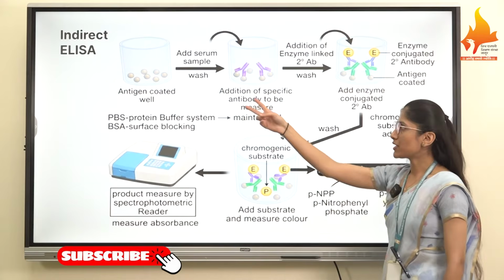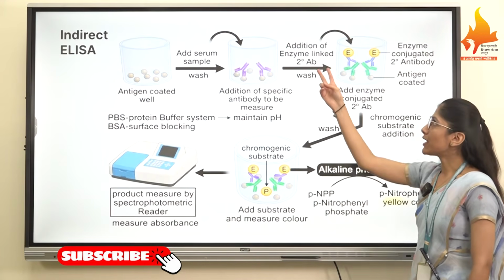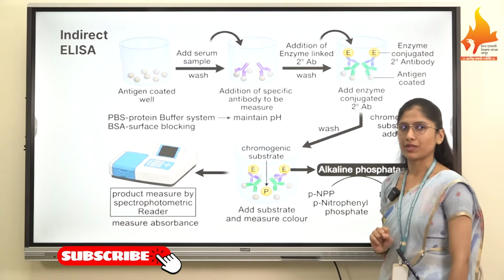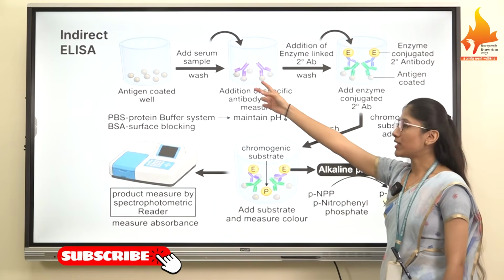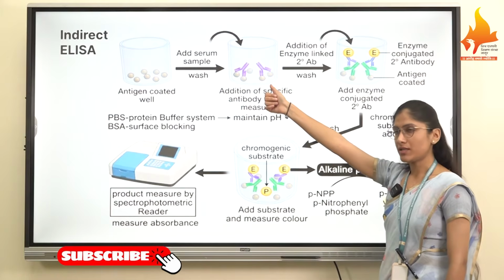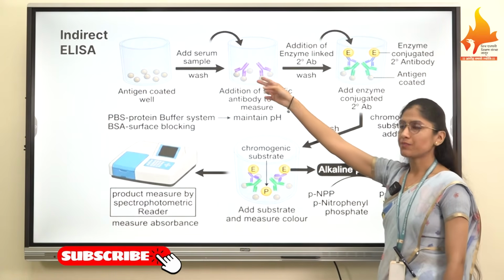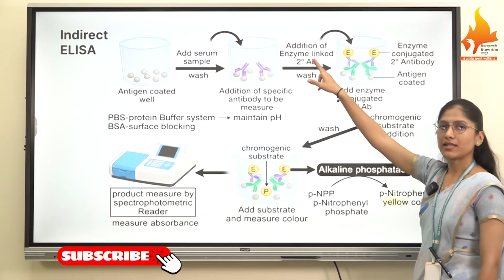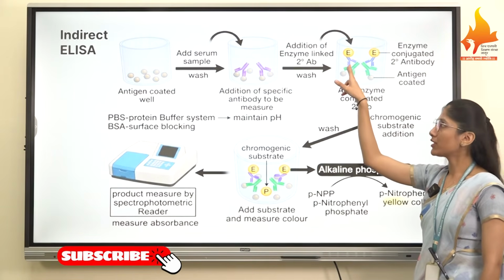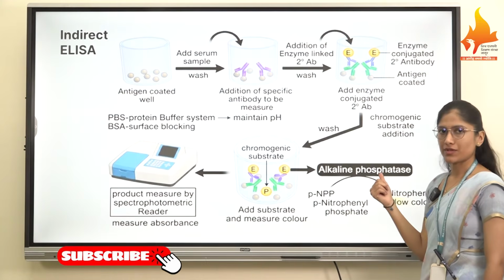Then the addition of the specific antibody to be measured. If the antibody, that is your primary antibody, is present in the serum sample, then it binds to the specific antigen. Then we add the enzyme linked secondary antibody. Here we use the enzyme alkaline phosphatase.